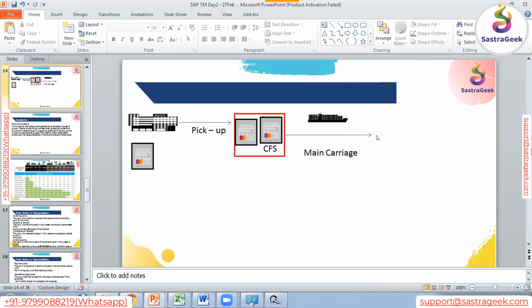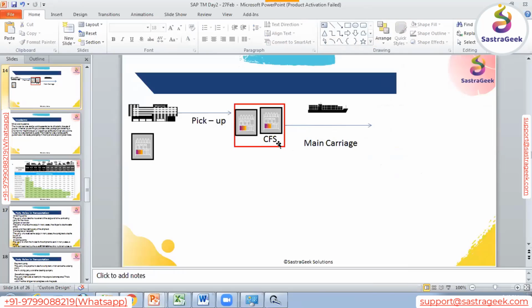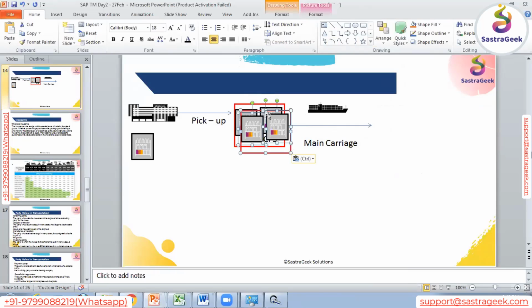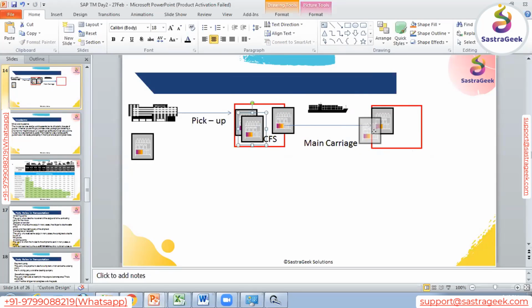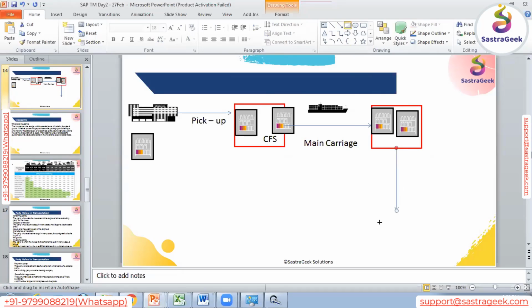Now at the port of loading, they do a deconsolidation, and DHL goes to the consignee and delivers this product to the consignee.